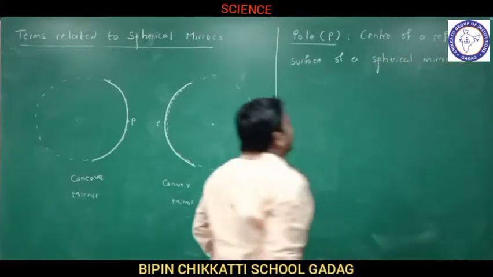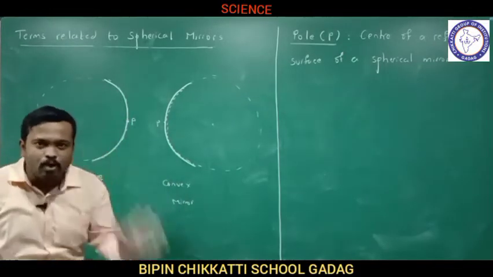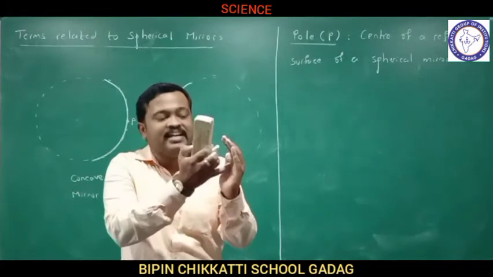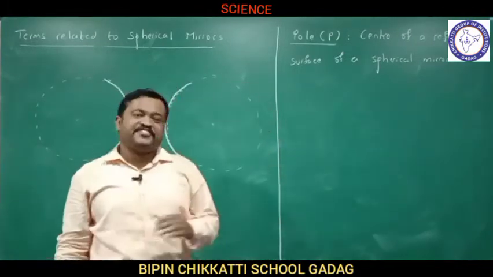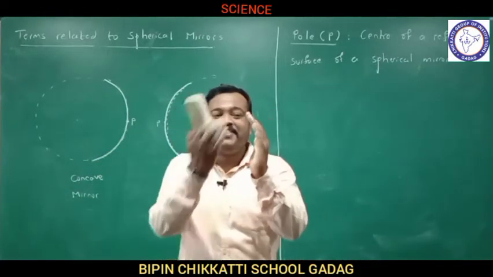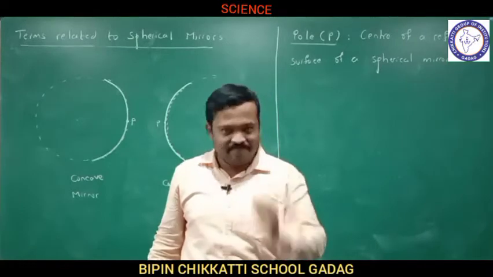This is a spherical mirror and the center of the mirror is called the pole. Do you understand? The pole is the center of the reflecting surface of the spherical mirror. This is a mirror, this is the reflecting surface, and exactly at the center, that is called the pole, right?